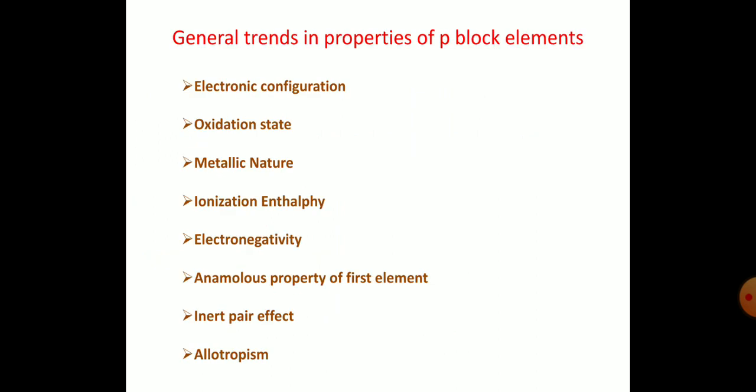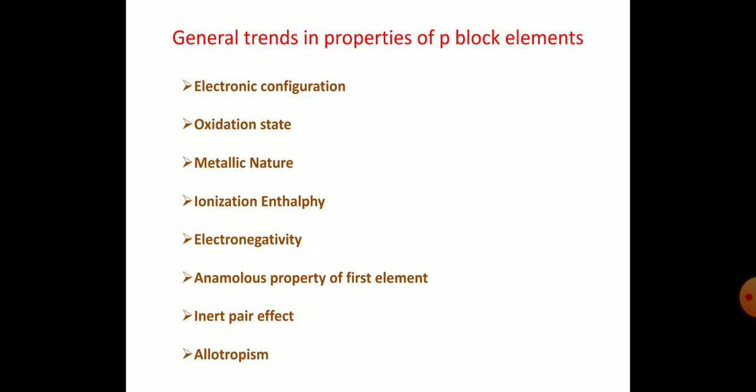Okay students, this is the first thing we are going to see in the P block elements: general trends in the properties of P block elements. There are certain properties we are going to discuss, and those properties are electronic configuration, oxidation state, metallic nature, ionization enthalpy, electronegativity, anomalous property of the first element in each group, inert pair effect, and finally allotropism.